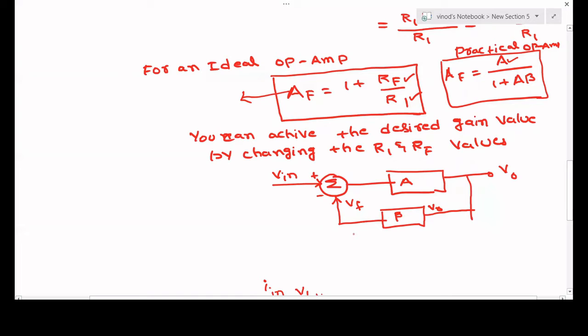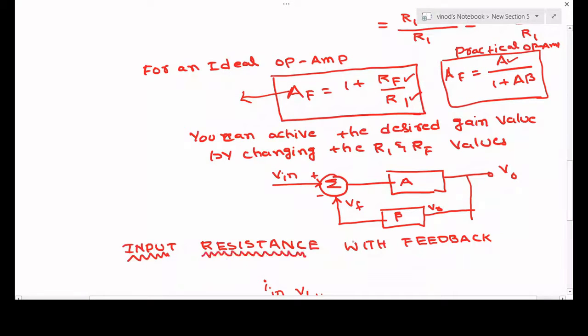The next parameter that we are going to consider is input resistance, input resistance with feedback.